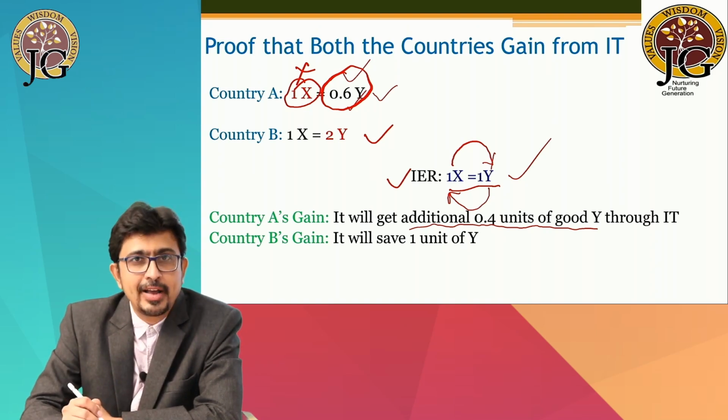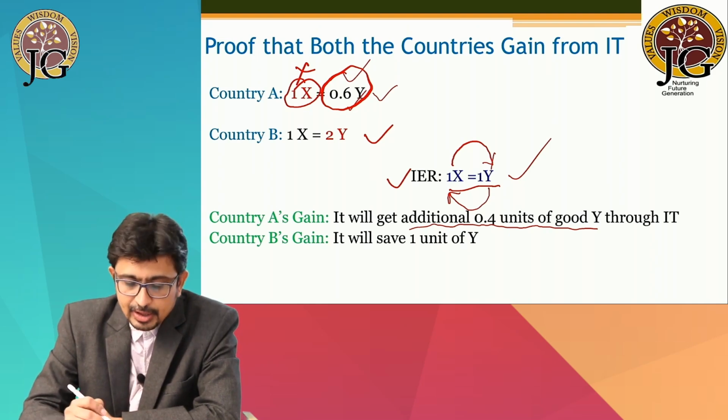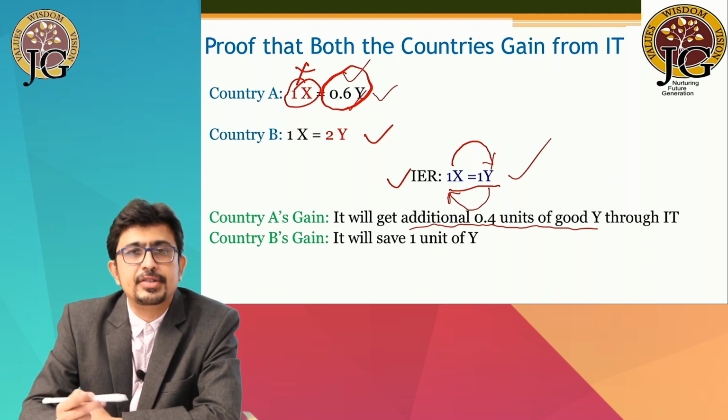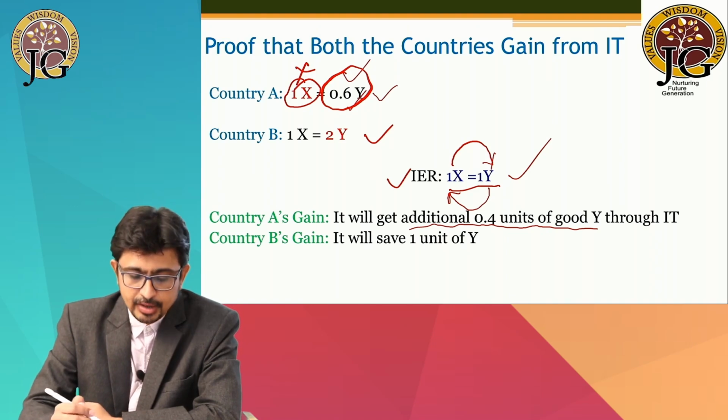So 1 Y is always better compared to 0.6 Y. So country A is getting 0.4 extra units of Y because of indulging in international trade.